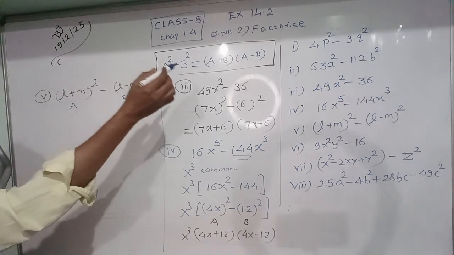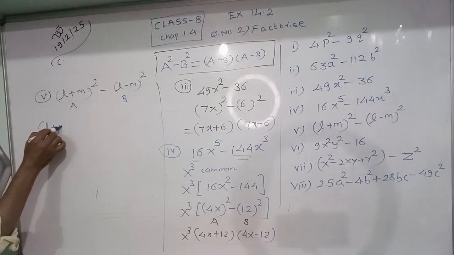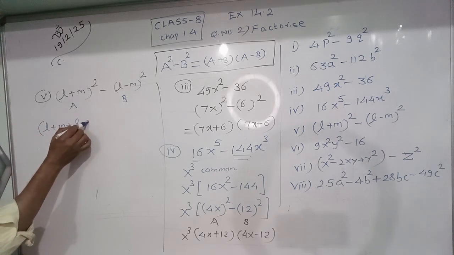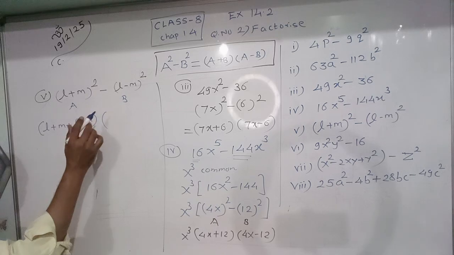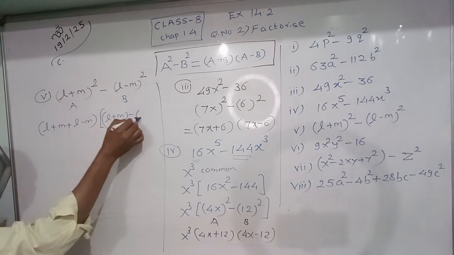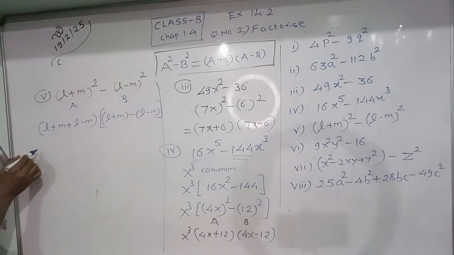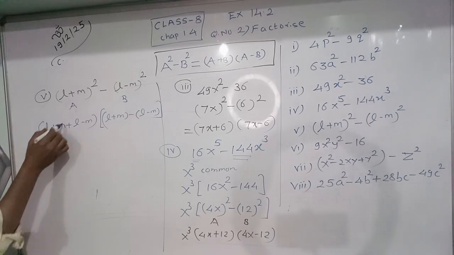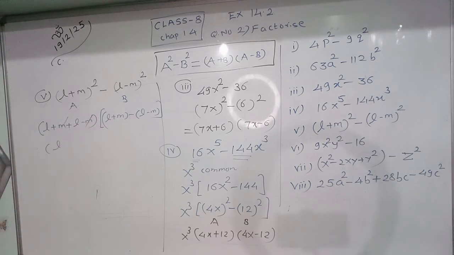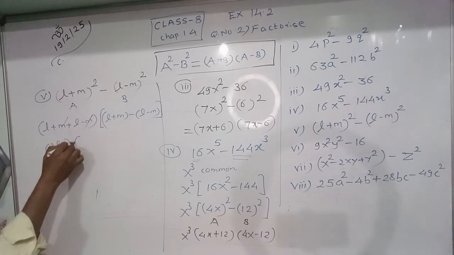So we are going to use the direct formula, that is addition in one bracket and subtraction in the other. While doing subtraction we must use the bracket, as the minus sign is there. The term inside the bracket will get changed in sign. This plus m minus m will get cancelled, so it becomes twice of L.